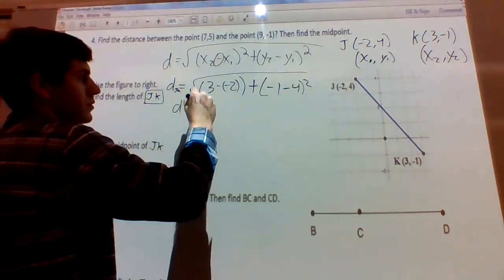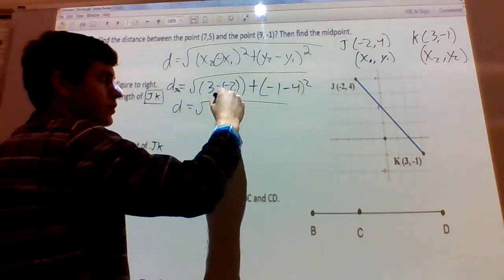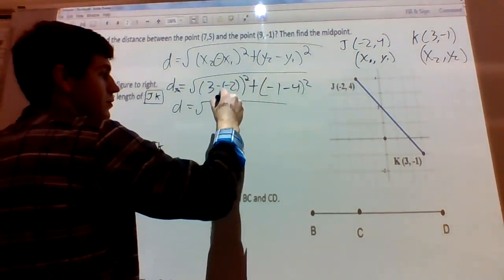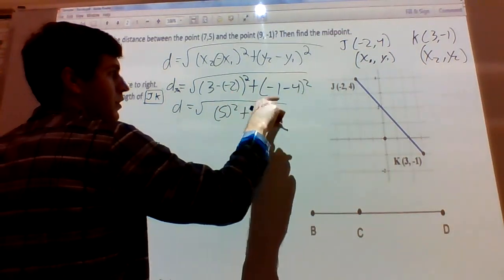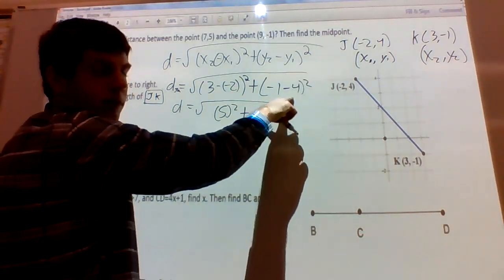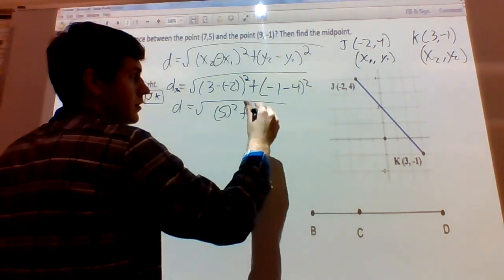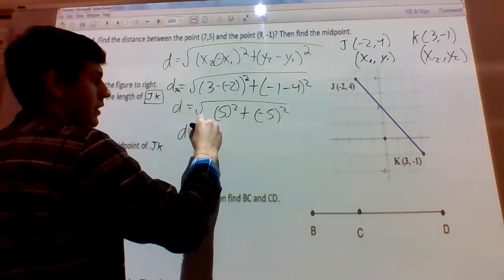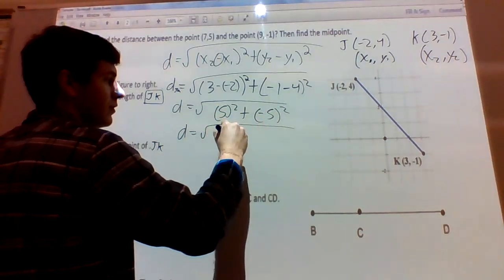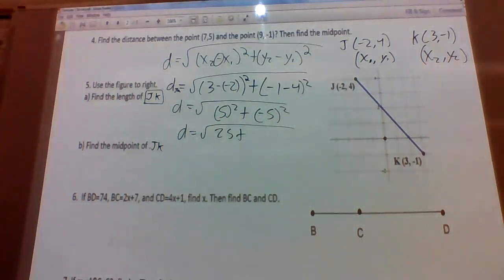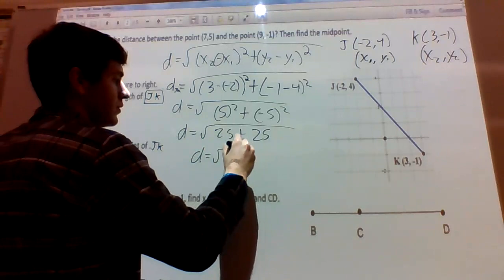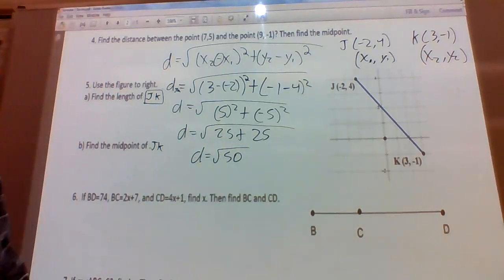Okay, so our distance is going to be 3 minus a -2, which is the same as 3 plus 2, squared. So we have 5 squared plus -1 minus 4, which is -5. Okay, so we have 5 times 5 is 25. -5 times -5 is not -25. It is +25. So we have the square root of 50.